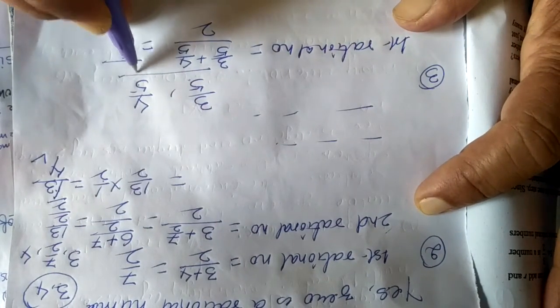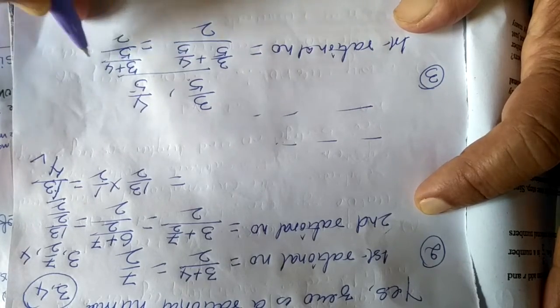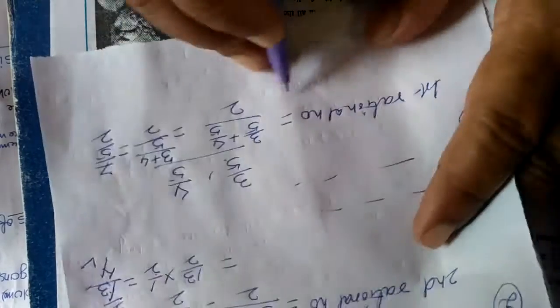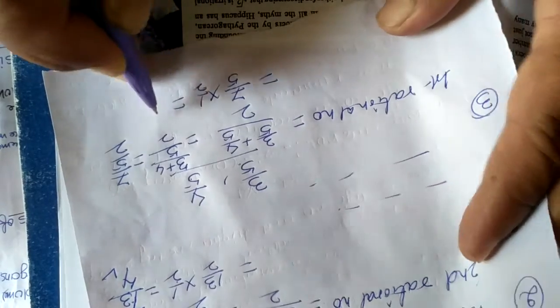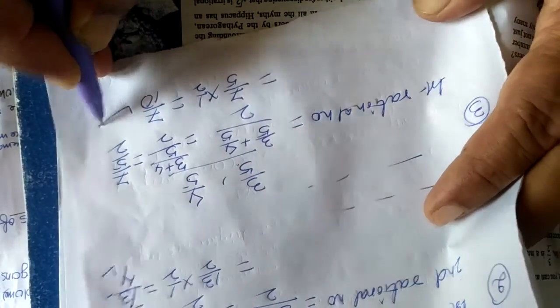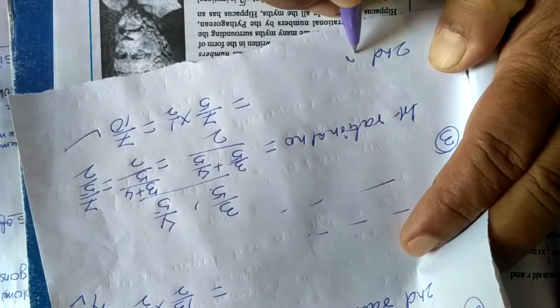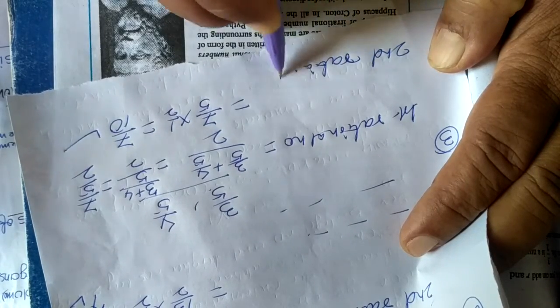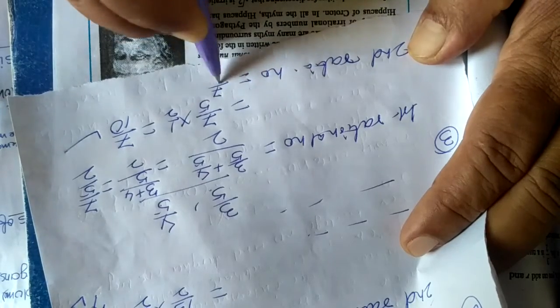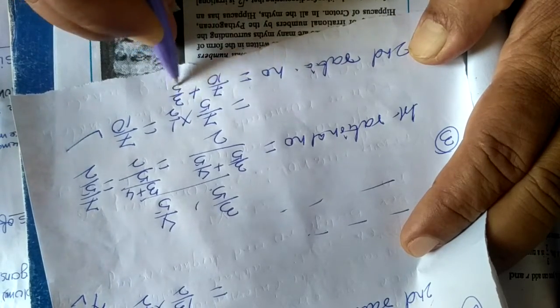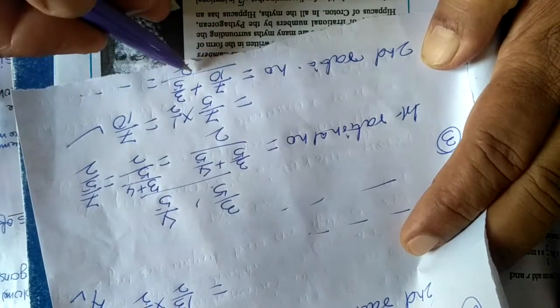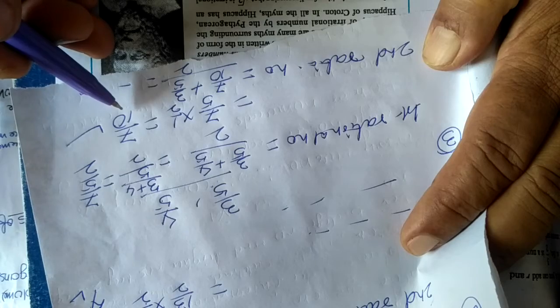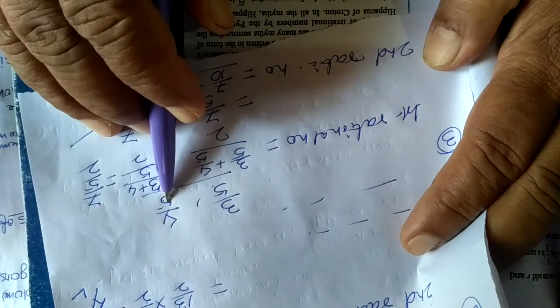The LCM will be 5. 3 plus 4 divided by 2, that's equal to how much? 7 by 5 divided by 2, and our result will be 7 by 5 into 1 by 2, that equals 7 by 10. This is the first one. The second rational number equals 7 by 10 plus 3 by 5 divided by 2, we can get in such a way. Okay, so in such a way we can find so many rational numbers between 2 rational numbers.